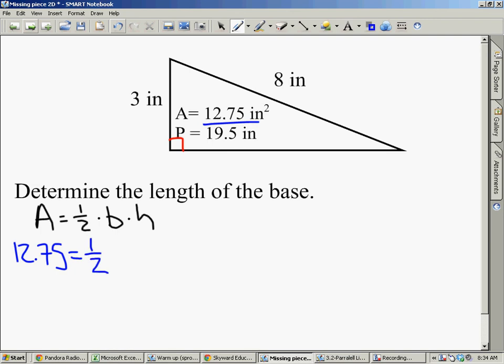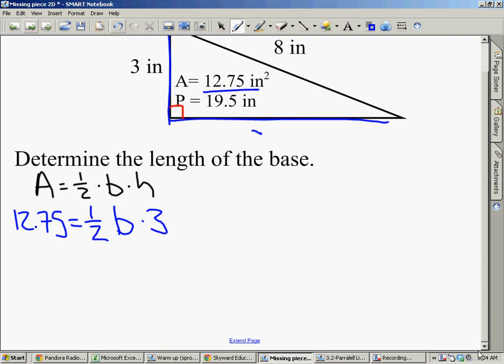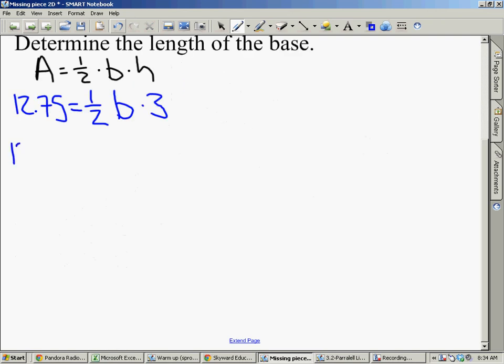1/2 is just a number. The base right here on the bottom, that's what I'm trying to find, so I'm going to leave that B in there. And I have a height of 3. Simplify my problem out a little here. I have 12.75 still. I can multiply these two, because we can multiply in any order. So 1/2 times 3 is 1.5, and I still have that base.